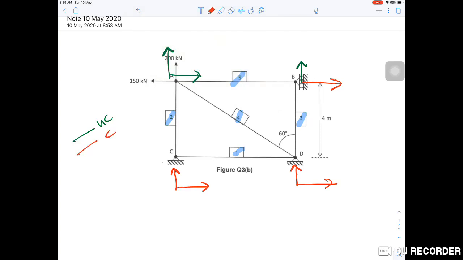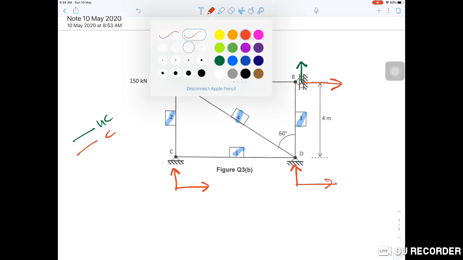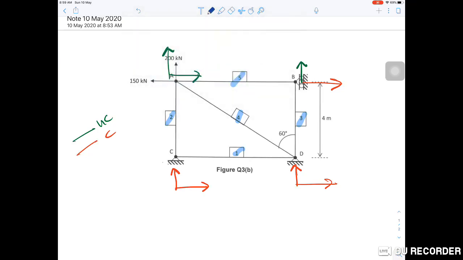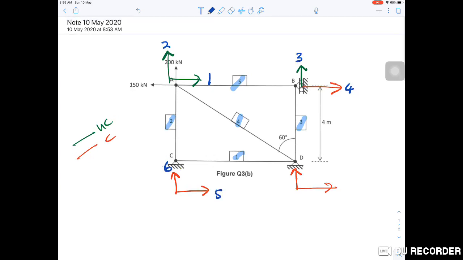Remember to start label from unconstrained. So I want to start label 1, 2, 3. Okay, finish the green first and then followed by the red. Okay, 3, 4, 5, 6, 7 and 8.